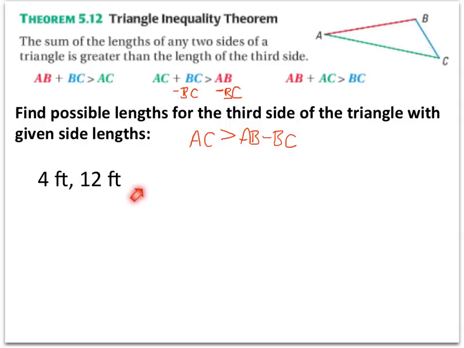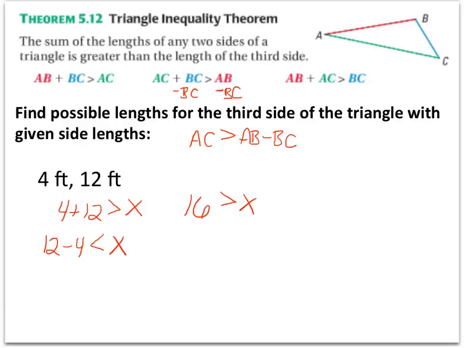So to find the unknown side of this triangle, we have two sides, 4 feet and 12 feet. What I can do is add 4 plus 12 and say that the addition must be greater than the third side, and we'll just call that side x. We can also subtract these two sides, 12 minus 4, and say that this must be less than the third side, which we call x. So 4 plus 12 is 16, which is greater than x.